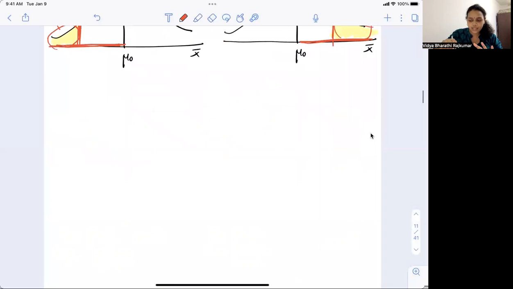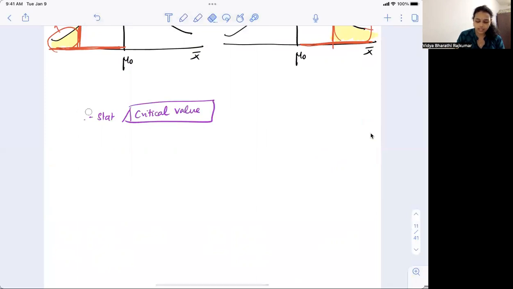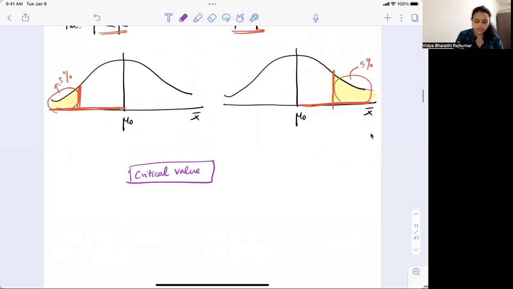Now, there's one more thing that I'd like you to learn. When you learn about hypothesis testing, you will come across something called a critical value. So the critical value is actually nothing but these thresholds that you're setting.